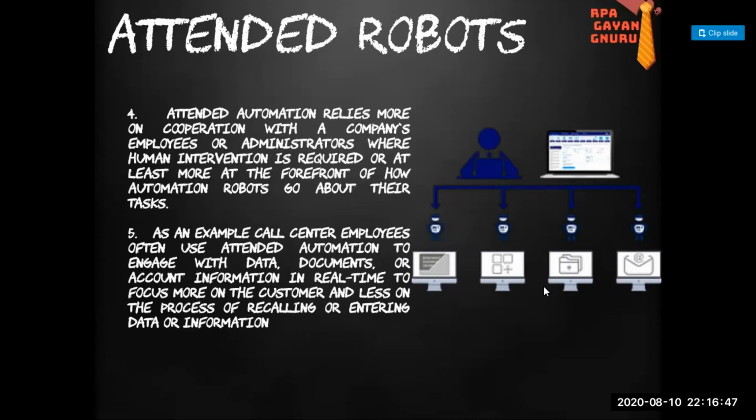The robot will do the rest by navigating between all these programs much faster than the employee can. So this is a very good use case of RPA for BPOs and KPOs and stuff like that.